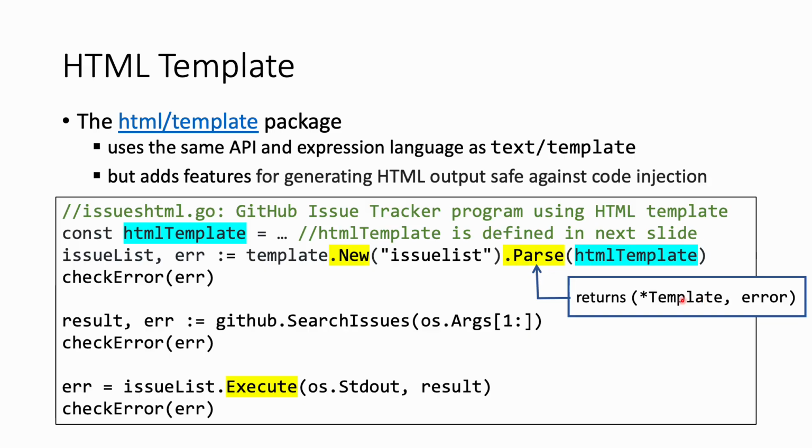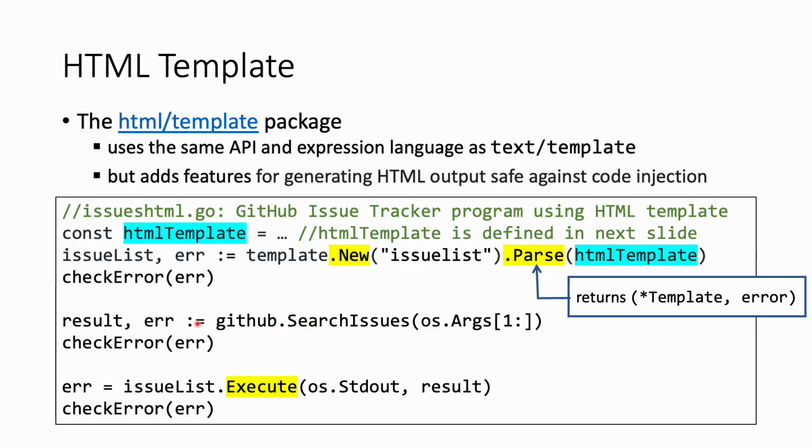But the template type here is defined in the HTML/template package. So variable issuesList refers to a template object that contains the result of parsing the given HTML template.